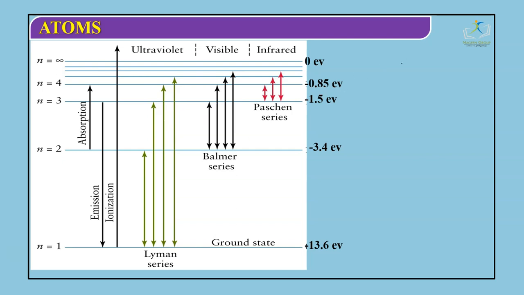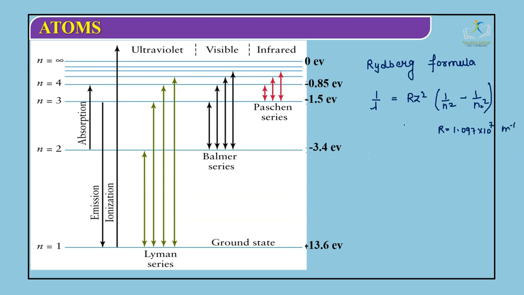Using the Rydberg formula, what is the Rydberg formula? 1 by lambda equals R Z square times (1 by n prime square minus 1 by n square), where R is the Rydberg constant, in meter inverse. The value of R is 1.097 times 10 to the power 7 meter inverse.